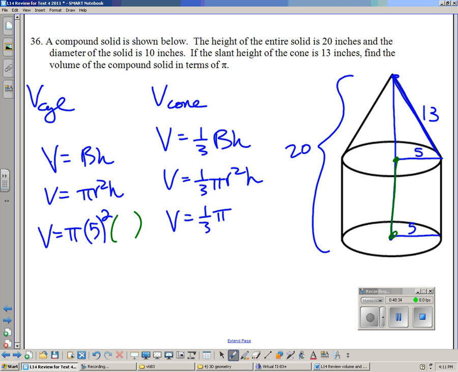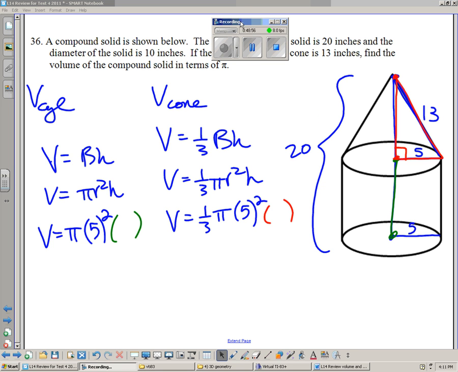Volume is 1/3 pi times 5 for the radius times the height of the cone. Don't know that either. But we do have the slant height and the radius. So that missing height can easily be found using the Pythagorean theorem. That's our first step: we need to find the height of the cone first. I'll call that a for now.